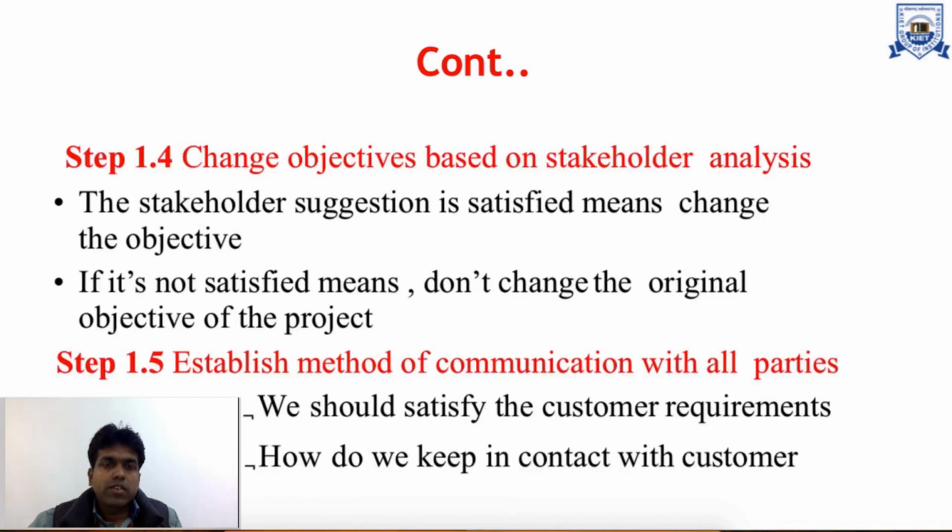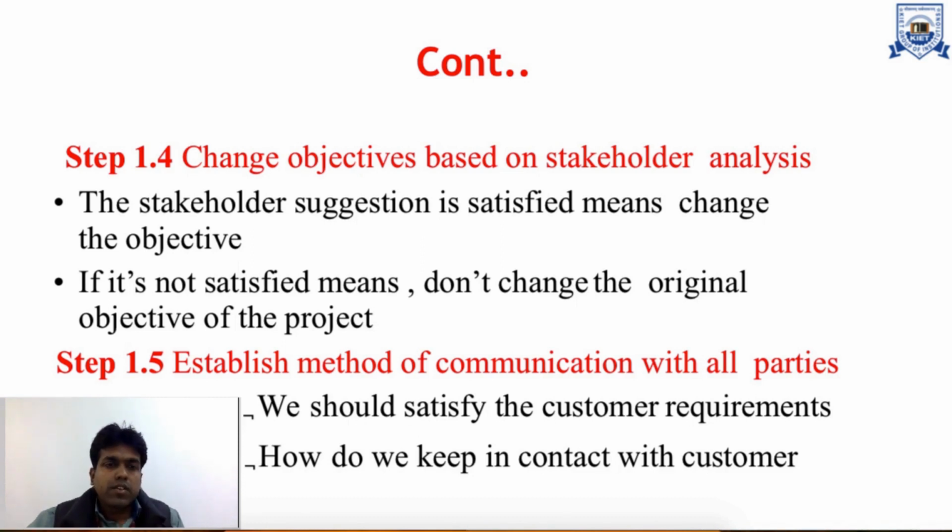Then the next sub step is change objectives based on the stakeholder analysis. After analyzing all the stakeholders and getting suggestions from them, we can change our objectives accordingly. If the suggestions are not satisfactory, then we don't need to change the objectives.